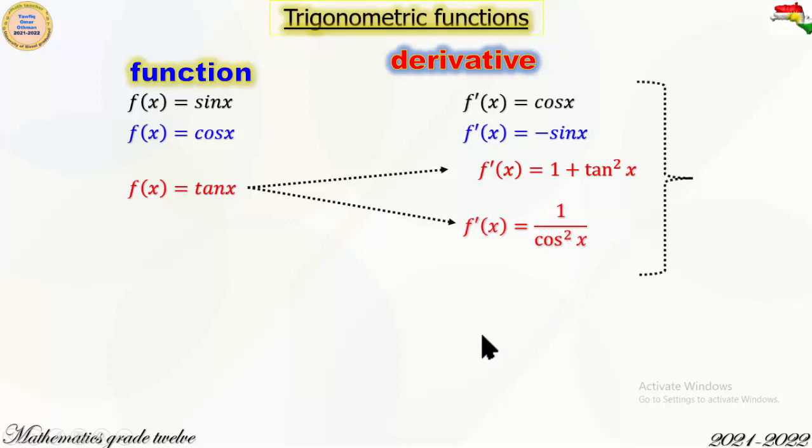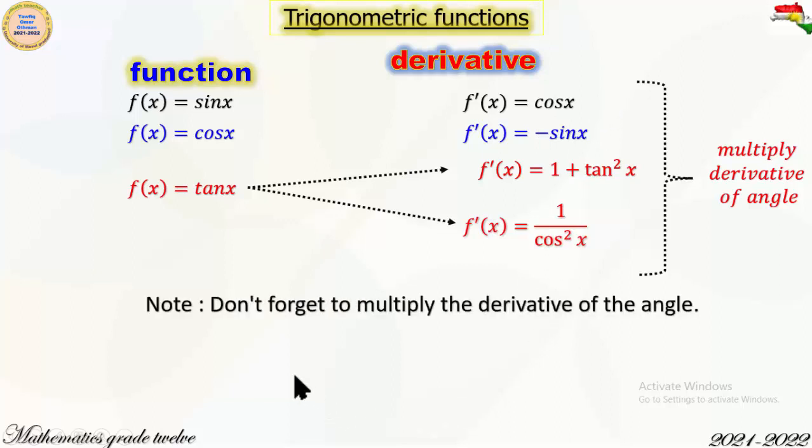But every time you must multiply this derivative by the derivative of the angle. Here, the derivative of the angle is 1. Then 1 times cosine x is cosine x. Therefore, we haven't written it. Do not forget to multiply by the derivative of the angle. The angle remains the same.